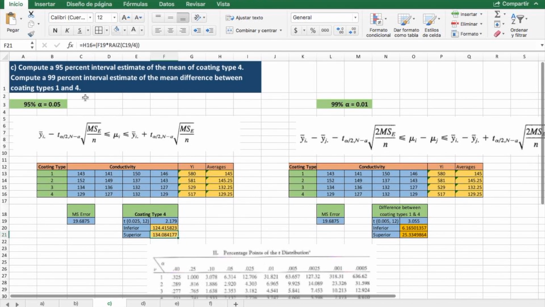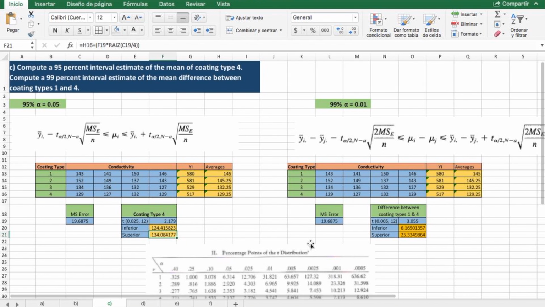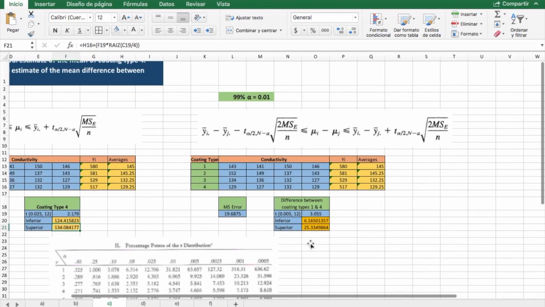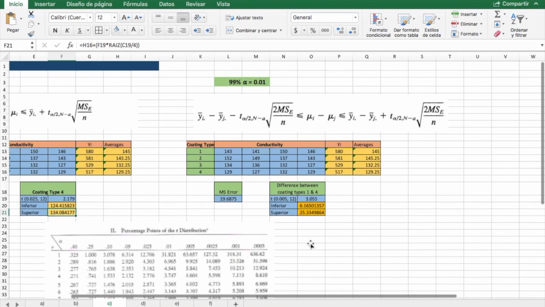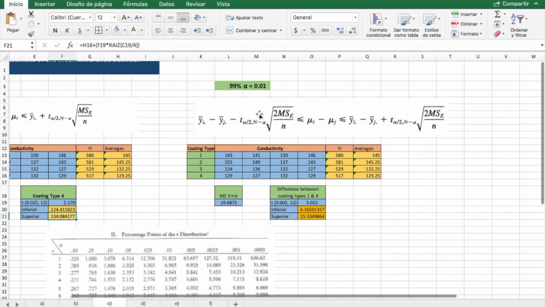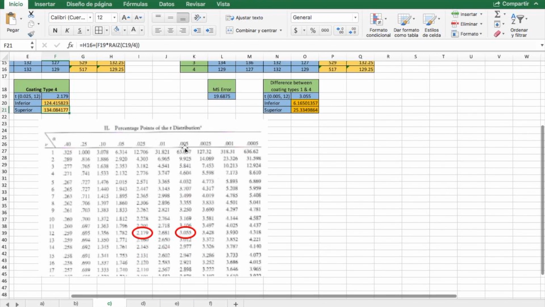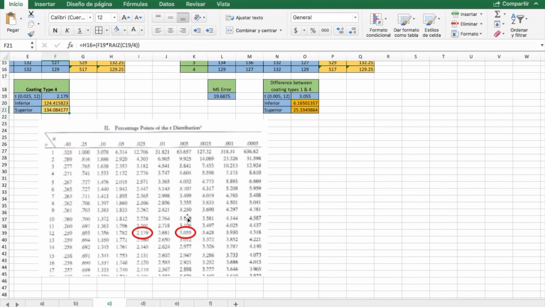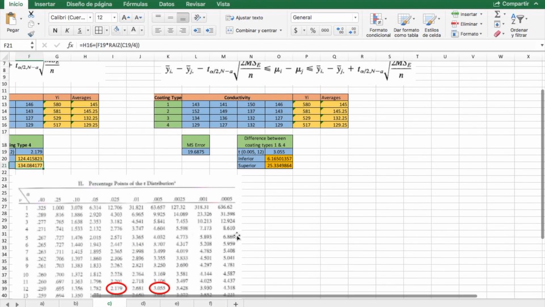The 99% interval estimate for the difference between coding types 1 and 4 is a little different. This means that we have an alpha of 0.01. So in the t-table we have to divide 0.01 by 2, comma 12. So we go to the table and it's 0.005, comma 12, and this gives us 3.055.